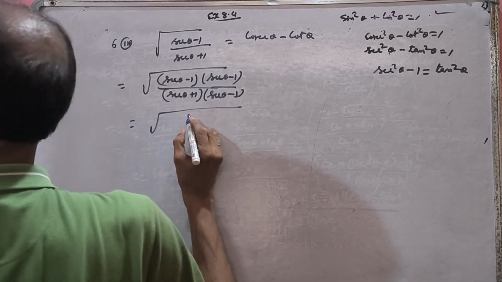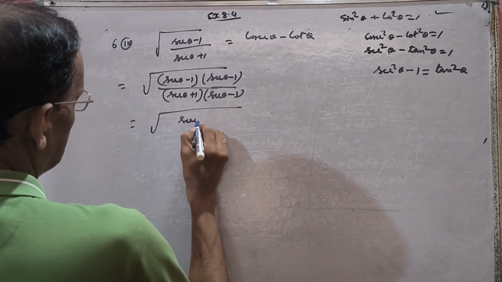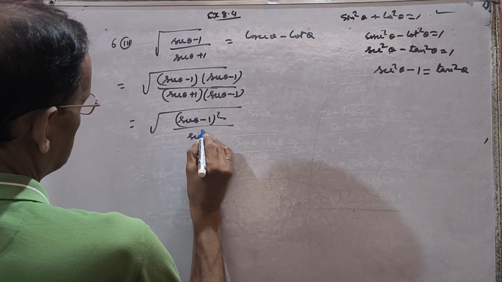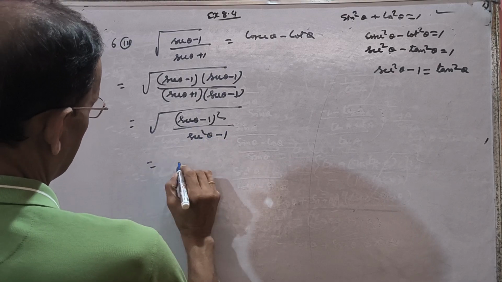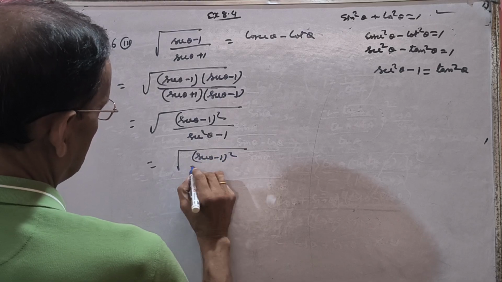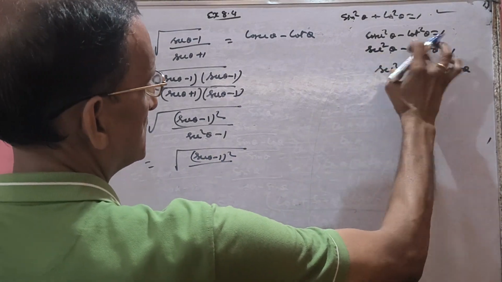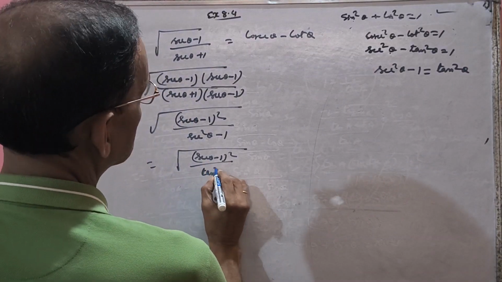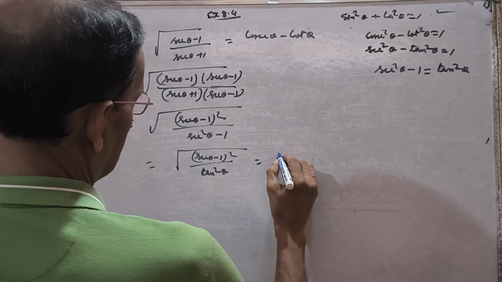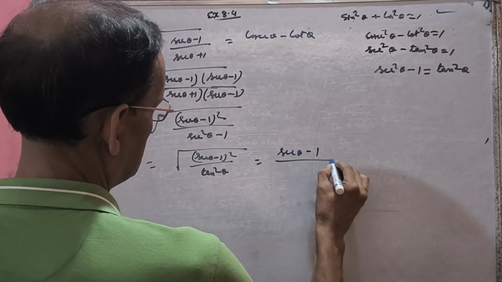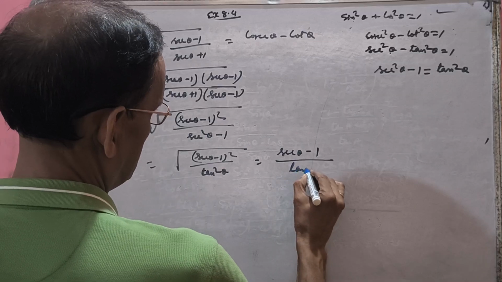How much will we get here? Sec theta minus 1 whole square. Here sec square theta minus 1. And sec square theta minus 1, what you will get? Tan square theta. So this is tan square theta. Then remove the square root. Sec theta minus 1 by tan theta.